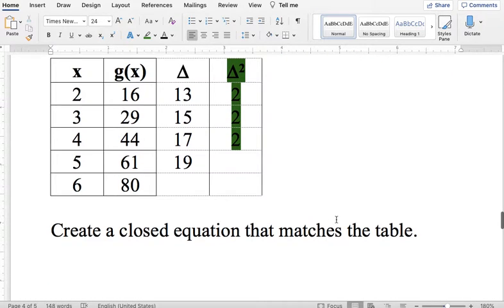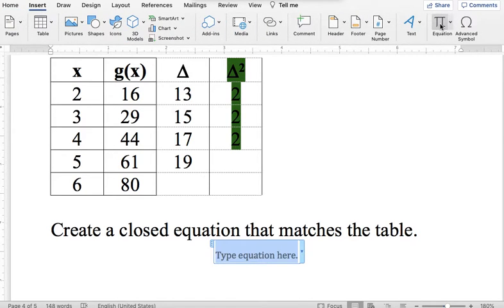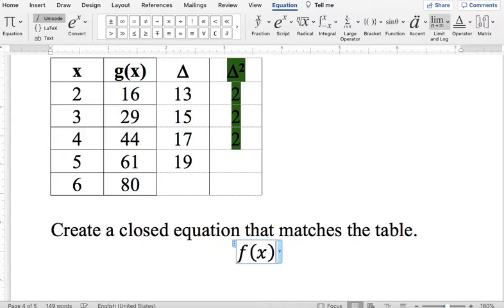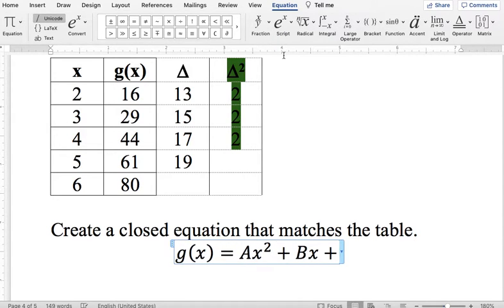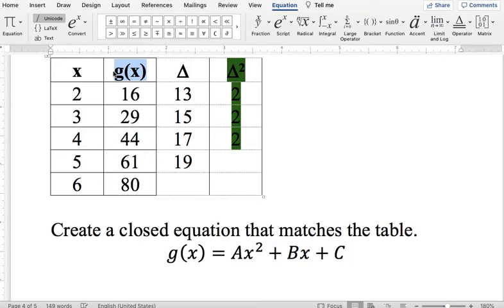Right? Now I'm going to write a closed equation for this quadratic. This is g of x is equal to some number a, x squared plus b times x plus c. And I just have a letter g here because that's what's given in my table.